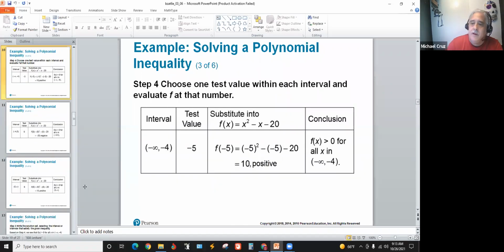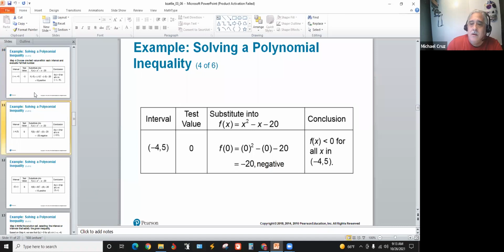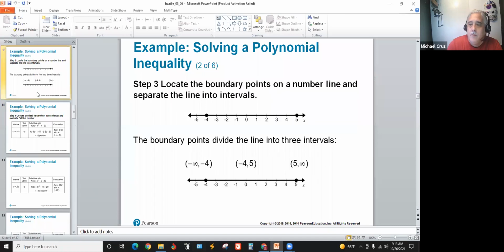All right. So in this first one over here, we could check anything over here. Negative 5 seems the most obvious. Use whole numbers. If you pick fractions, it's going to make your life harder. But just know what's over there and use it. It doesn't matter which one you use. So we're going to go left to right.